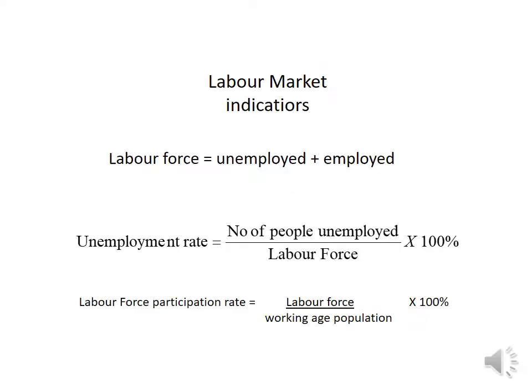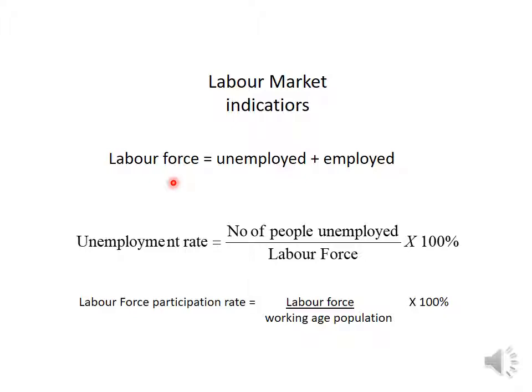Now I want to move on to your labor market indicators, how to measure some numbers that tell us about what's going on in the labor market. Your labor force are those people who want to work. These are the unemployed people, who want to work but cannot find a job, plus those who are employed. We assume that those employed are those who want to work. Unemployed plus employed gives you your labor force.